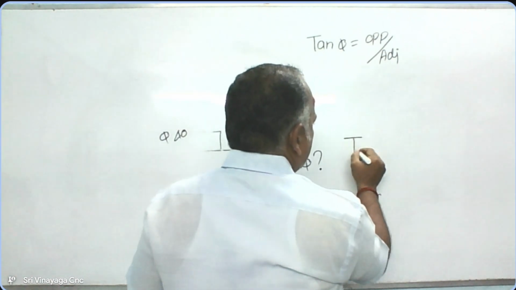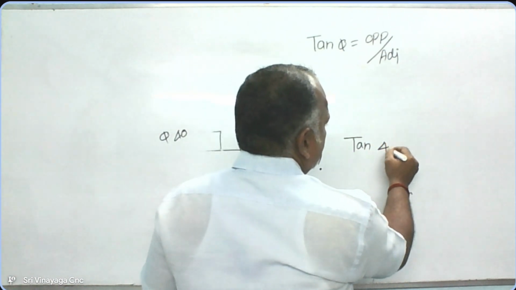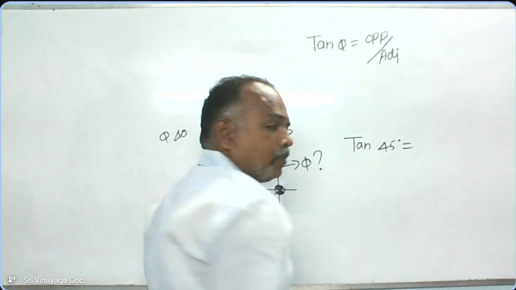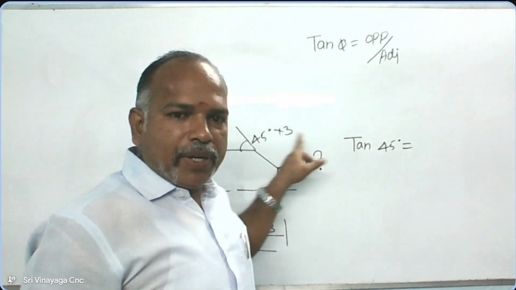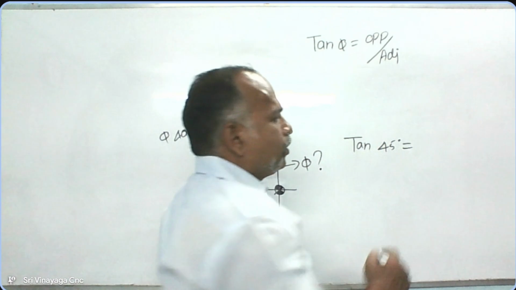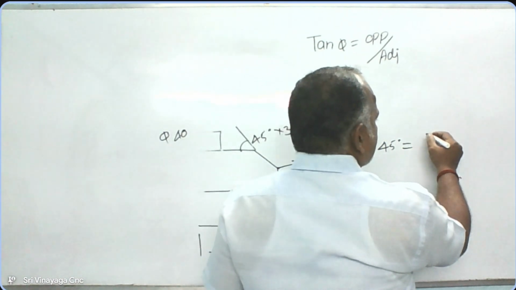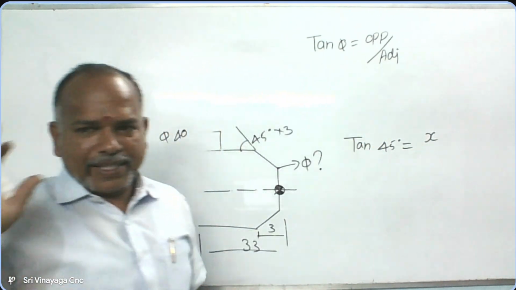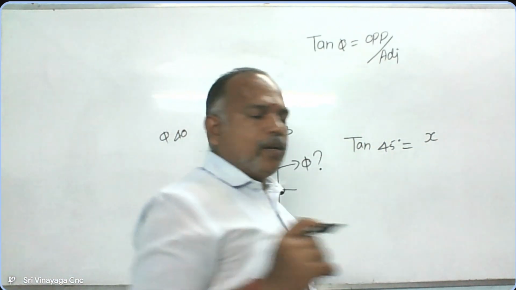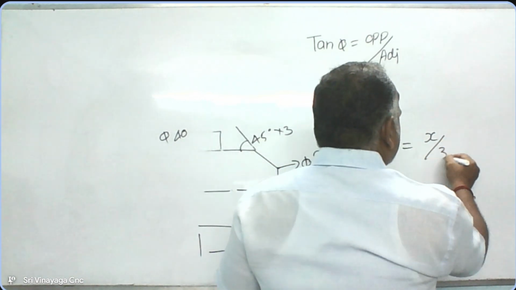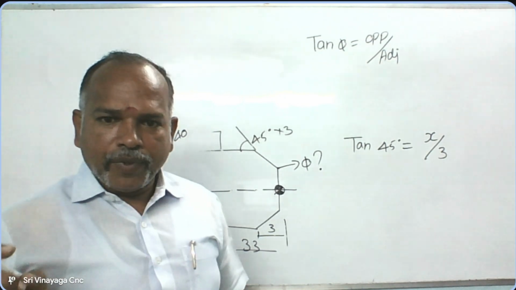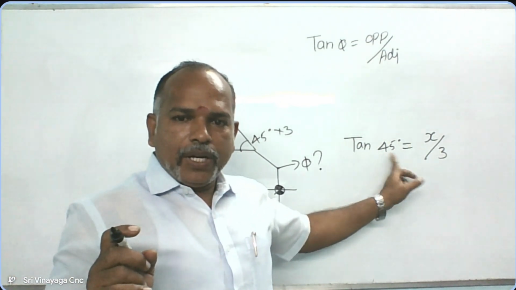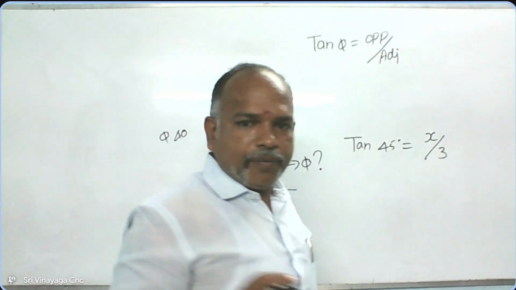Here, tan 45 degrees. The theta is nothing but this 45 degrees. The opposite side we don't know, so we can say x. X by 3. The adjacent side length is 3. Tan 45 degrees equals x by 3.